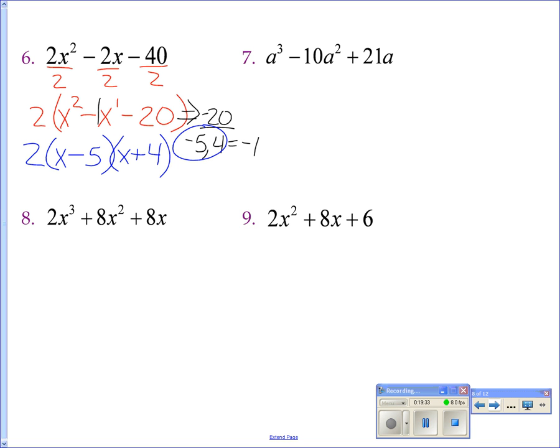What goes into all of them? What else? A. They all have an A. Every single one of them has an A. Okay. All right, Stephen A. What do I get when I divide? What am I going to have left?